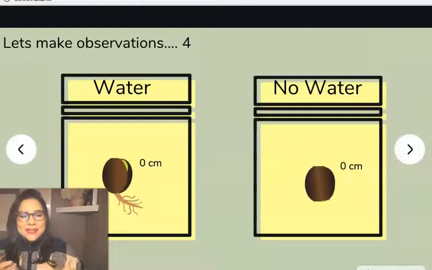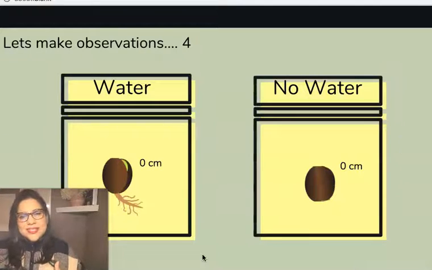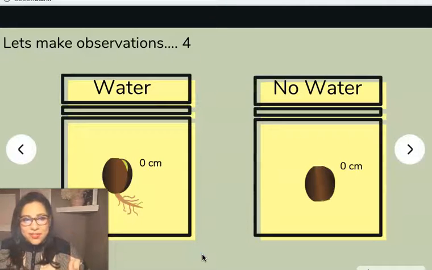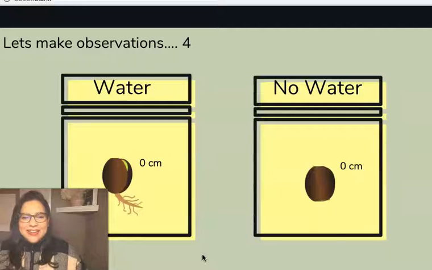So now it's time to collect our data, and just like we did with our other experiment, we can go two routes here. If you have all the materials at home, you can go ahead and set your lab up and collect the data at different specified points. If you don't have any of these materials at home, it's perfectly fine.